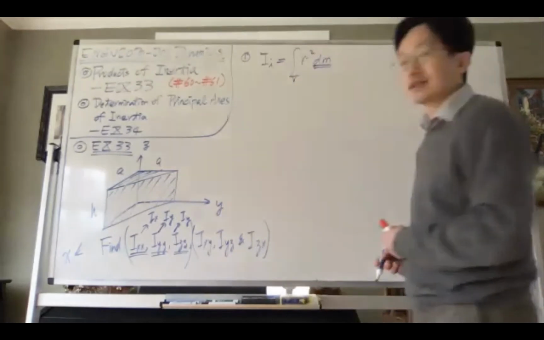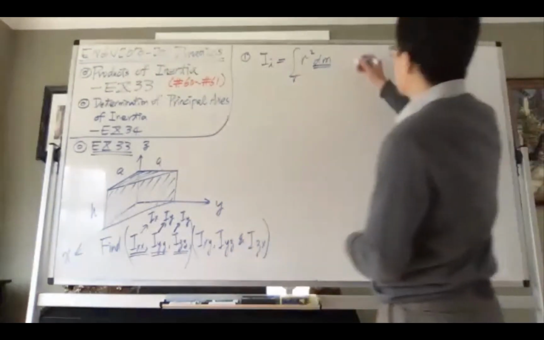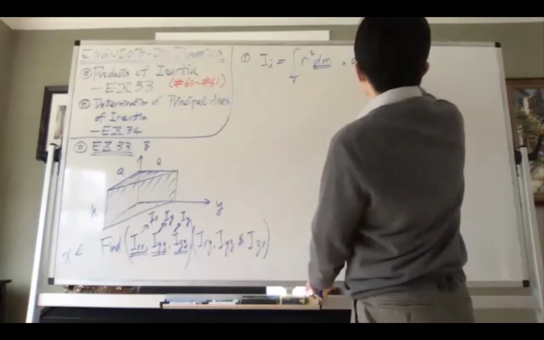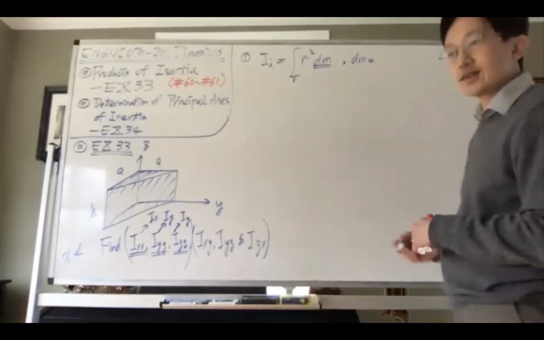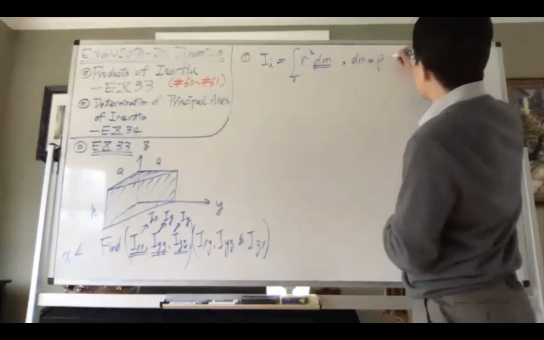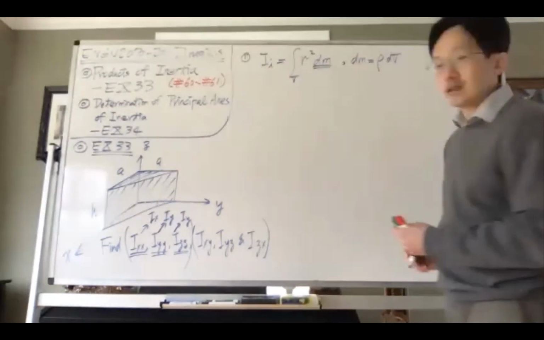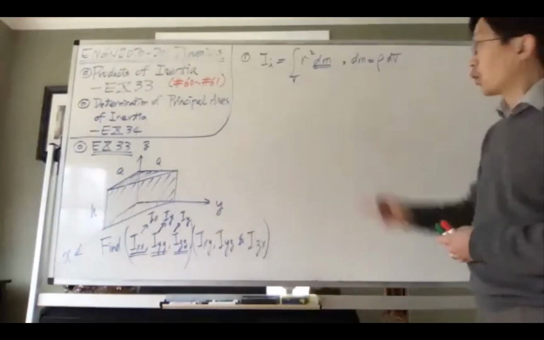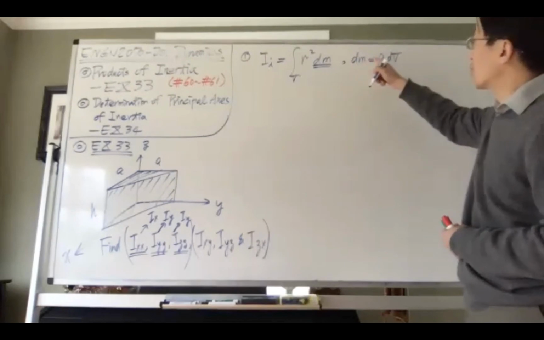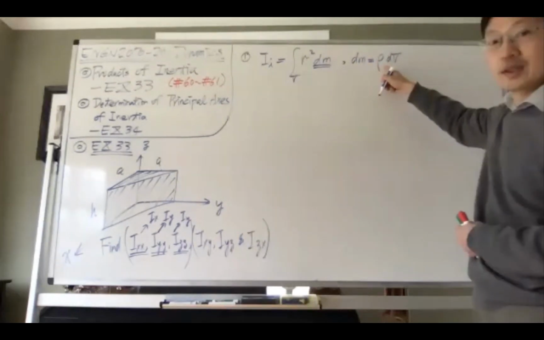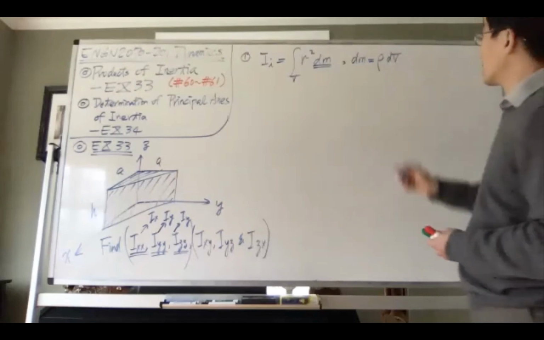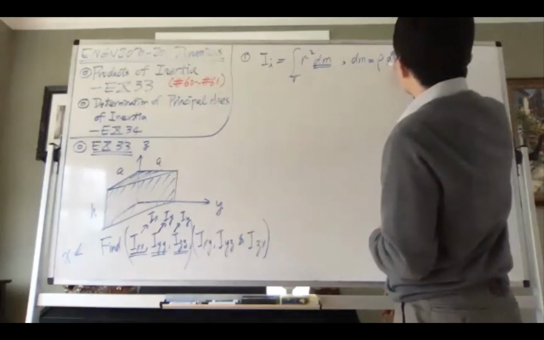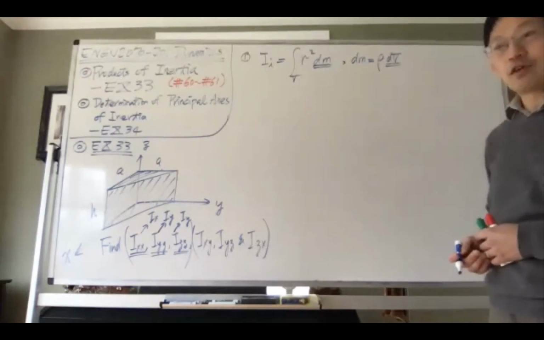You have to find out the total mass. Total mass is mass density times volume. So the unit mass equals mass density times unit volume, like we did before. So here, the problem becomes finding the definition of this volume.